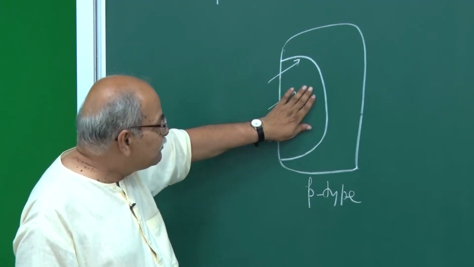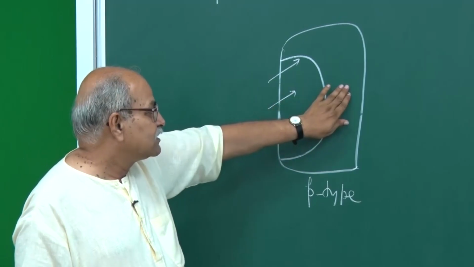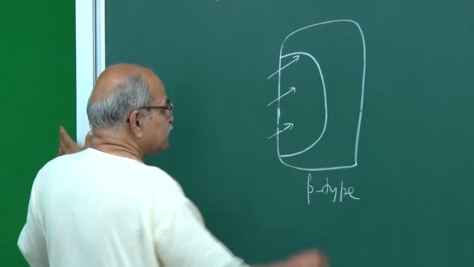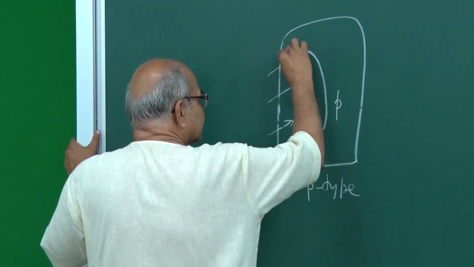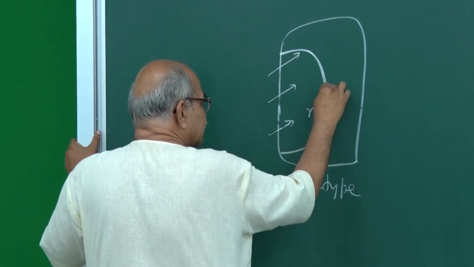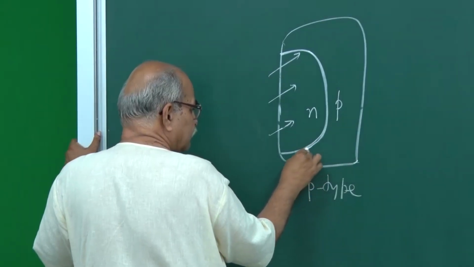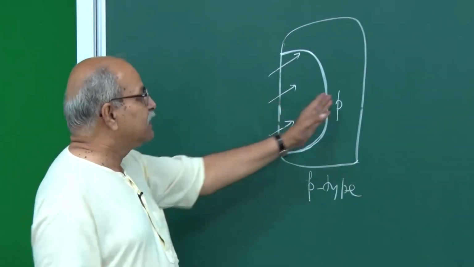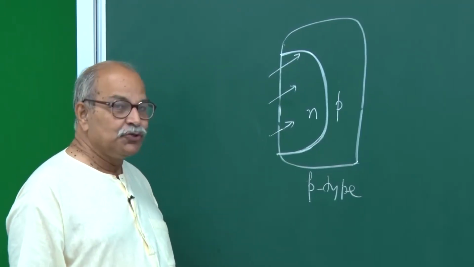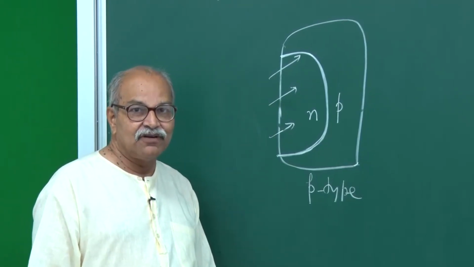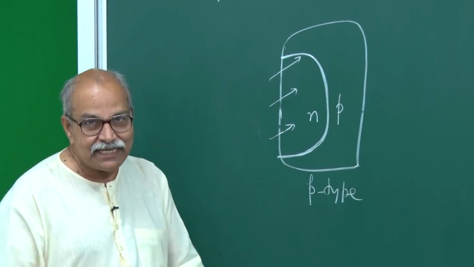So, this side becomes n-type and this side remains p-type. So, you have p-type here, you have n-type here, and this is the junction. This is that junction. So, this is p-n junction.